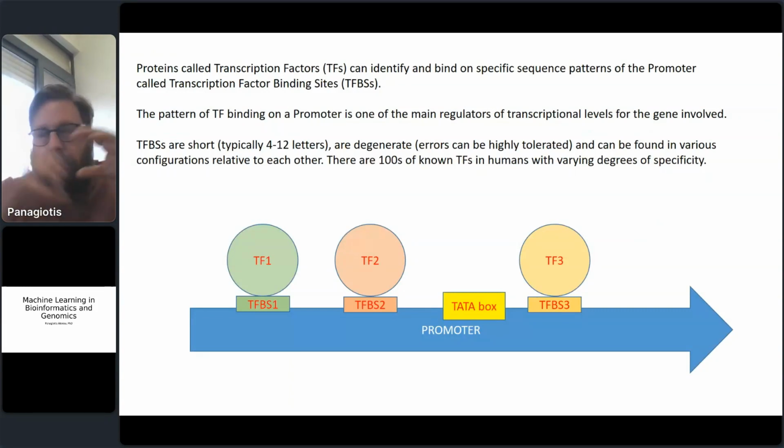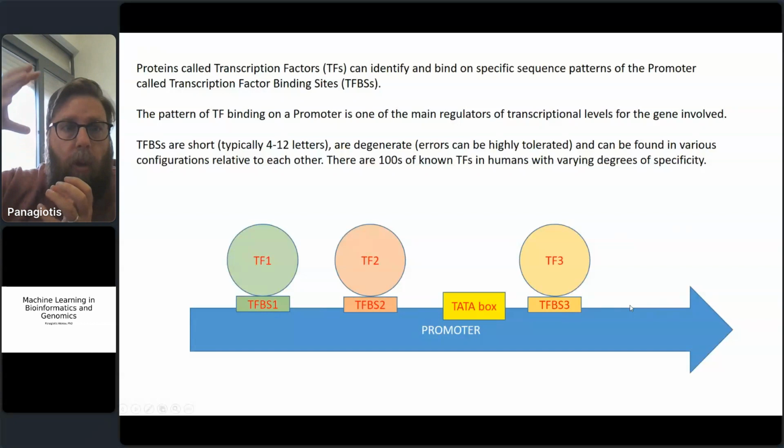So a promoter looks traditionally like this. It's a sequence of DNA with a length of approximately 250 letters, and on that promoter there are regions, not always in the same position, called transcription factor binding sites. These are docking stations for proteins called transcription factors. There are thousands of these proteins now.